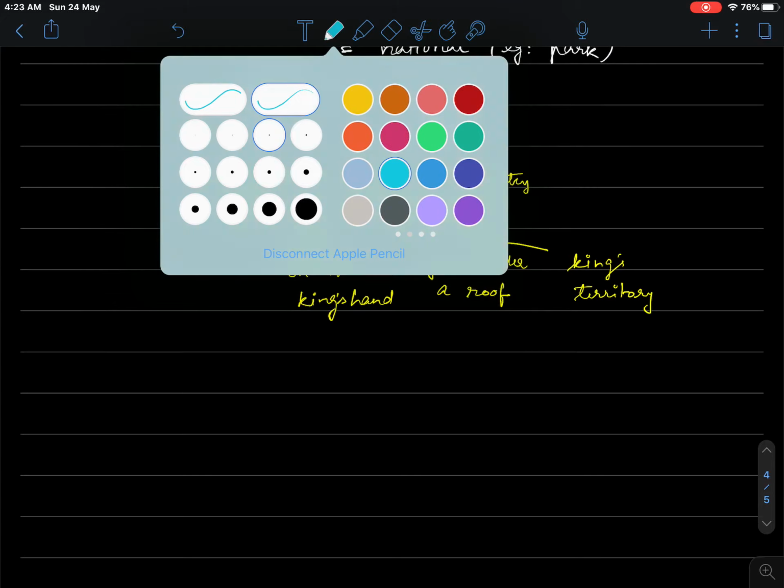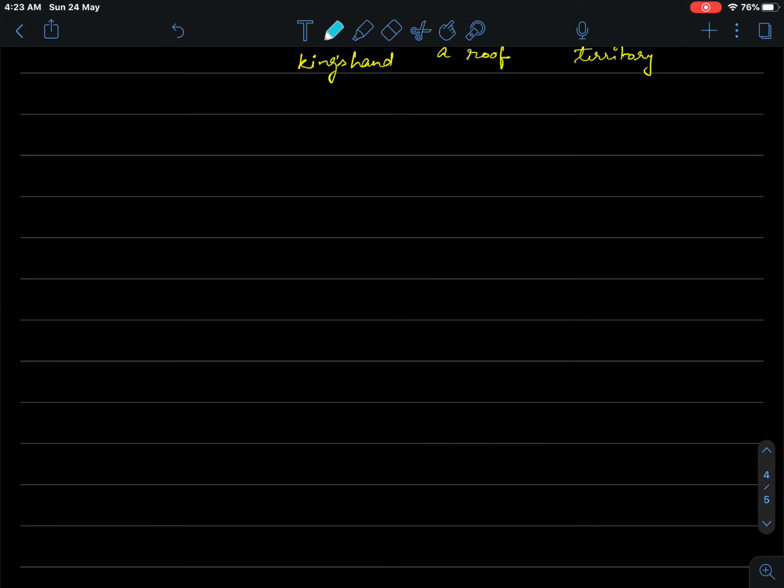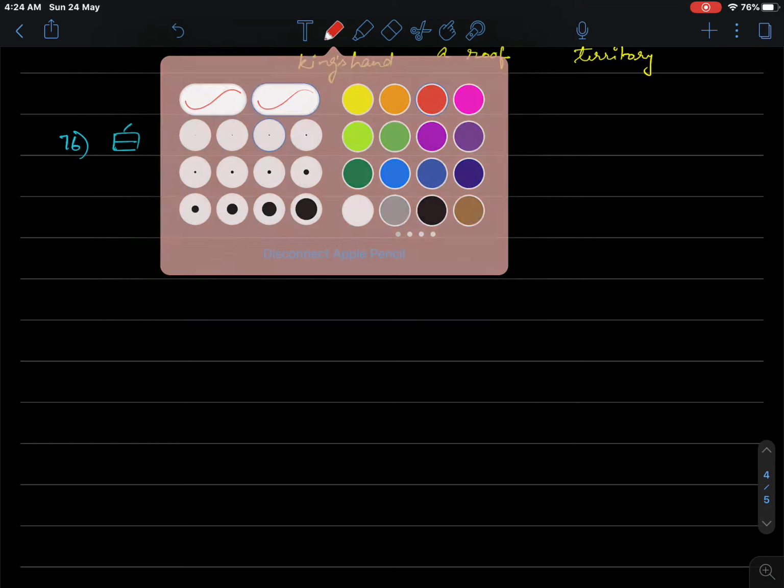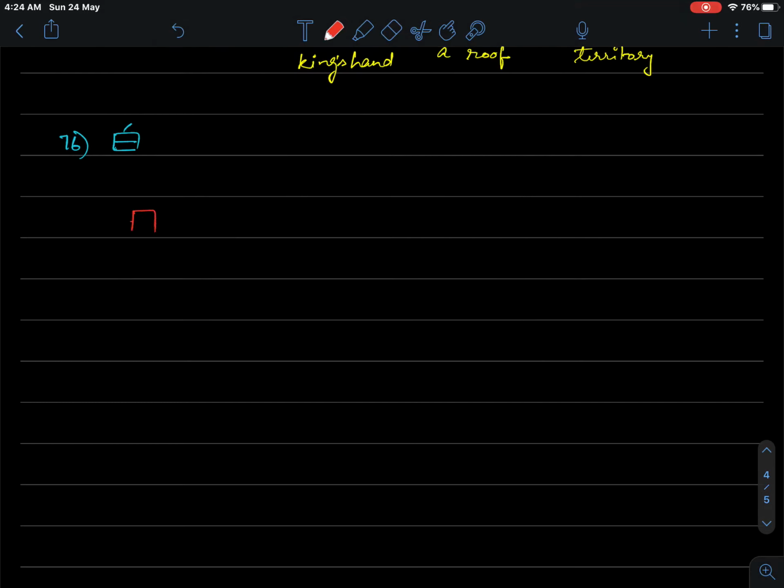Okay, let's move on to the next kanji, and from here we will see a slight shift in the pattern. So this is kanji number 76. This is how that's written. Let's see how we can remember this. This we already know means sun.